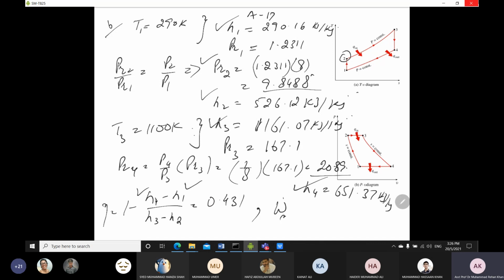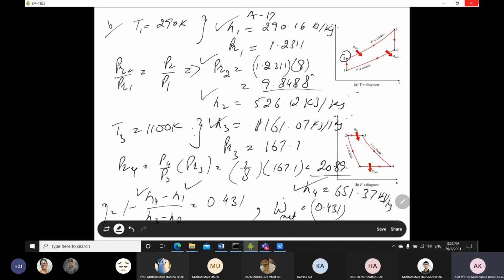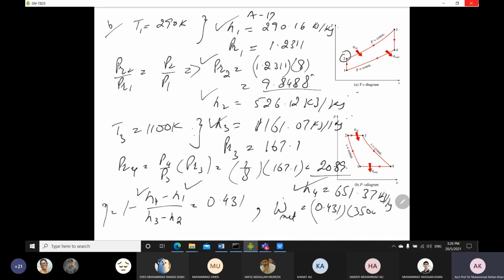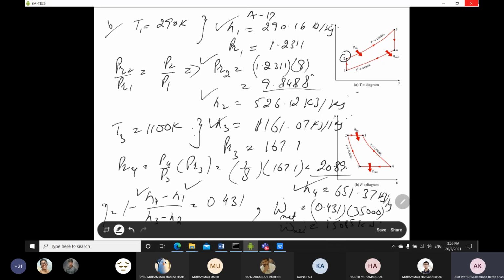The power delivered, W net, is equal to the efficiency, which is 0.43, times Qin, which is 35,000, as mentioned in your question. Multiplying these two, you get 15085 kilowatt of power delivered. This is the solution for part B using the variable specific heat.